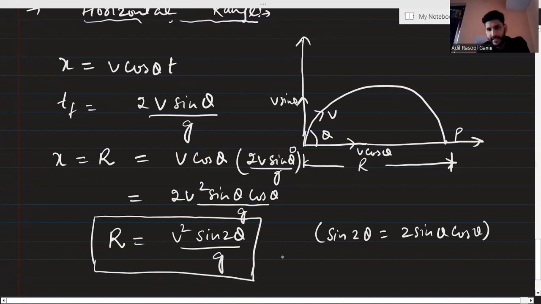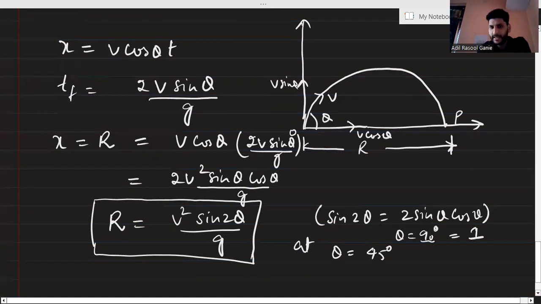And remember this: sine has its maximum value at an angle theta equal to 90 degrees, which is the value of 1, as the value of sine lies between -1 and 1. So 1 is the maximum value of sine, and that lies at an angle of 90 degrees. Therefore, this 2 theta needs to be 90 degrees, so theta needs to be 45 degrees, because 2 times 45 is sine 90.